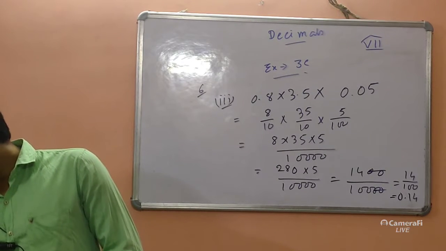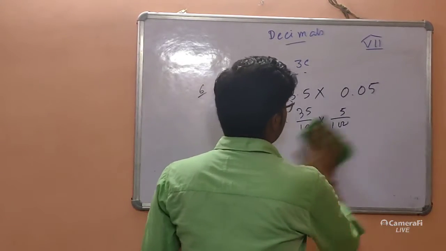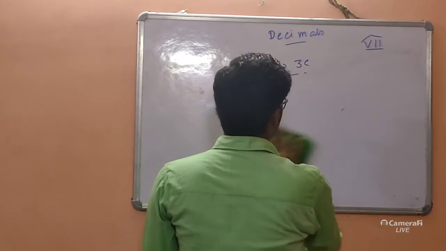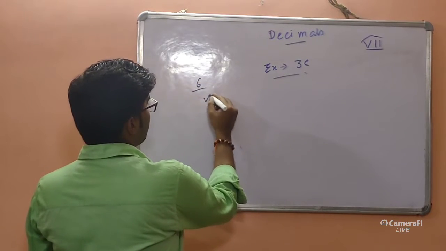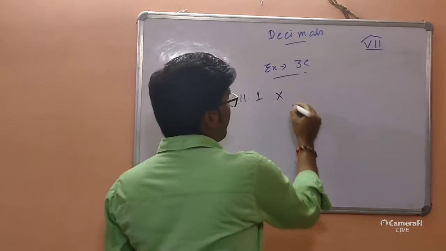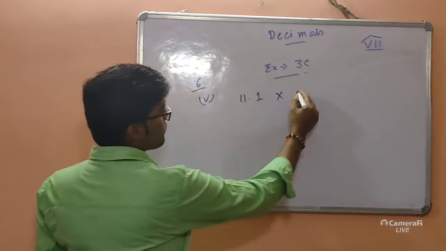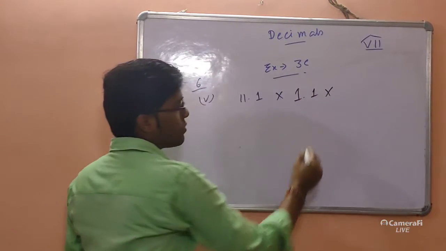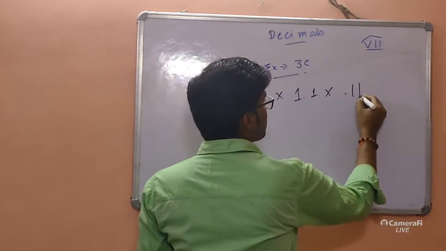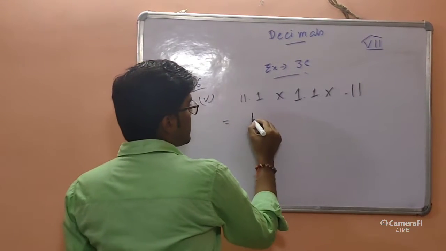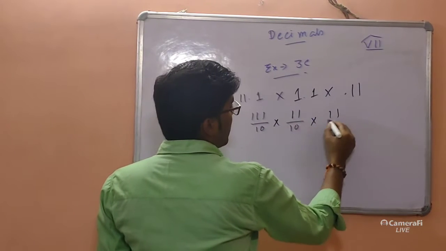Let us do 111 into 1.1 into 0.11. So it is 111, 11 by 10 and 11 divided by 100.